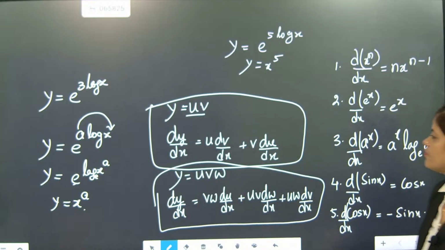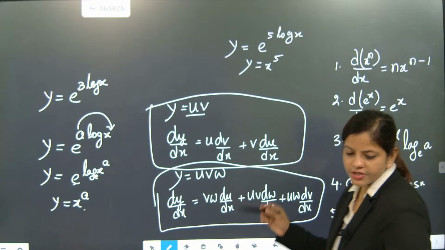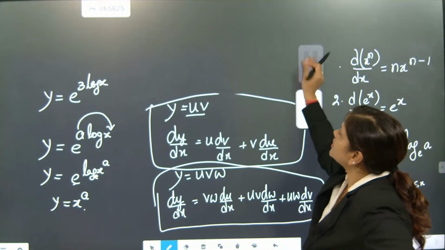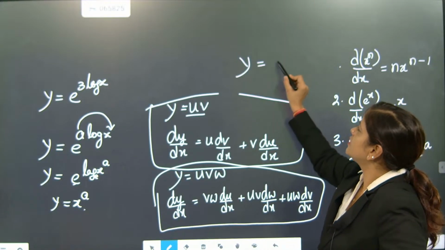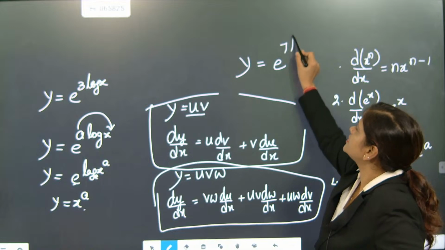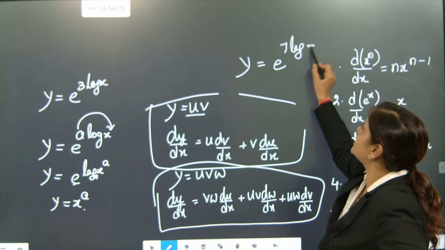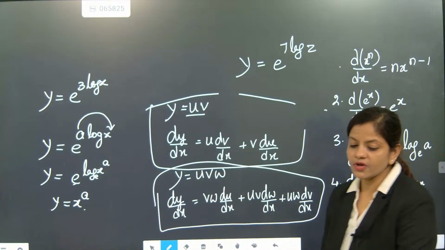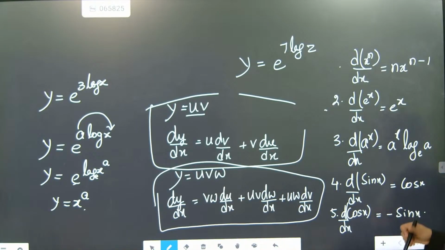Done? Now we are going to start this work. So what is the question? Now look here, I am giving you another question. Rishika, check this one and say the answer. Y is equal to e to the power 7 log z. Then what will be the answer? Everyone, please say.